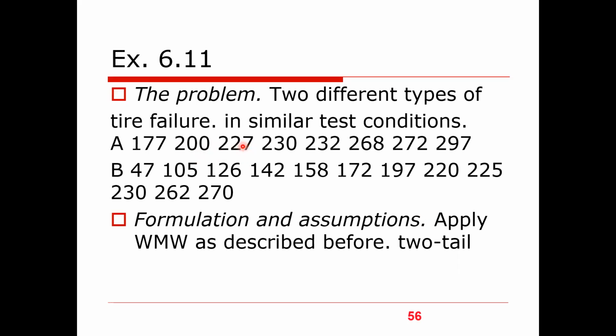And there are two types of tires, type A and type B. We apply WMW as described. So it's two-tail. We want to test if the variances in their times to failure are equal. So it's two-tail, whether equal or not equal.